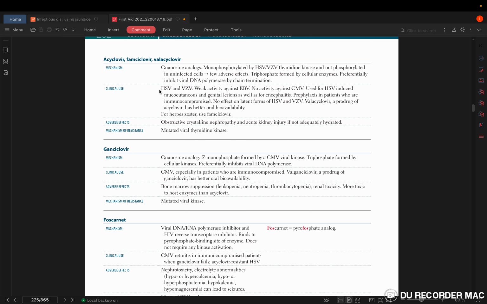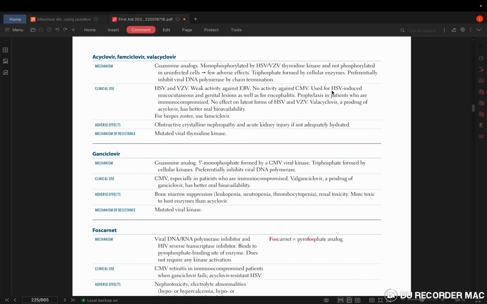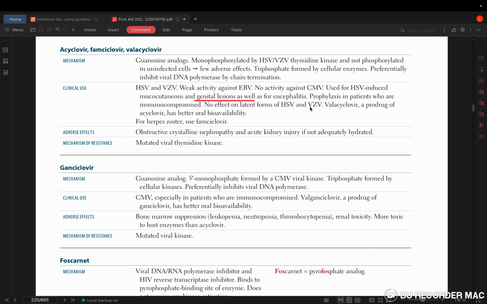Okay, so the clinical use can be used for herpes simplex virus and for varicella zoster virus. Weak activity against EBV, thus we don't use it for it, and no activity against CMV. It's used for HSV-induced mucocutaneous and genital lesions as well as encephalitis.